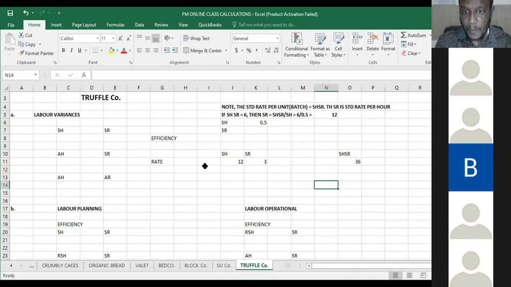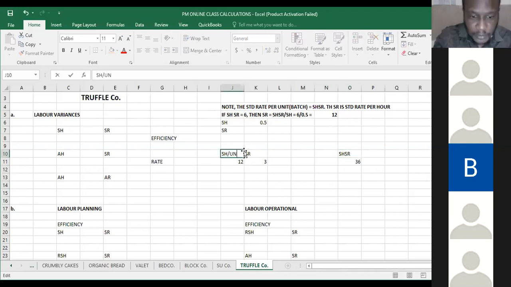All right. So I'm giving you hypothetically now an example. Hypothetically, if your standard hour is 12, your standard rate is 3. Your standard hour standard rate, remember the standard hour is standard hour per unit. Your standard rate is standard rate per hour, while your standard hour standard rate is per unit.